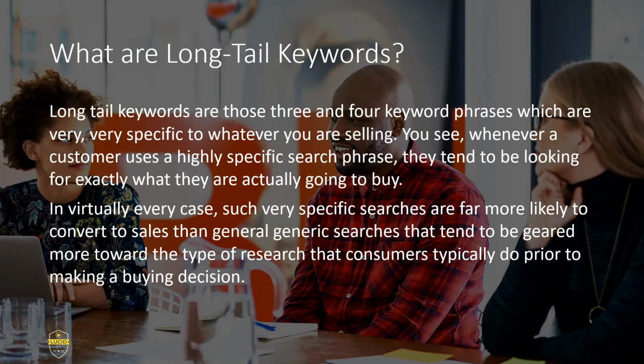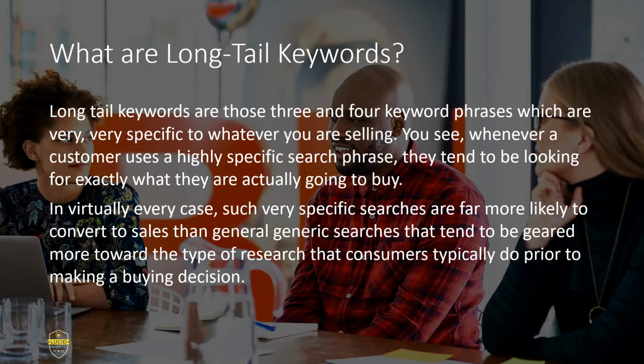So what are long tail keywords? Long tail keywords are those 3 and 4 keyword phrases which are very, very specific to whatever you are selling. Whenever a customer uses a highly specific search phrase, they tend to be looking for exactly what they want to buy.